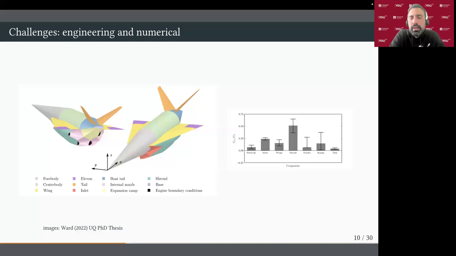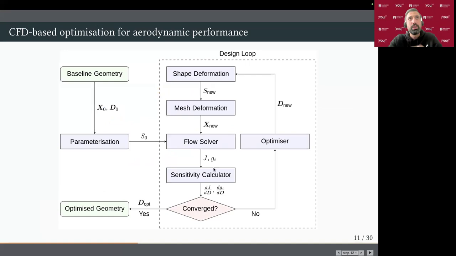Because the flowchart that you presented is very similar to reinforcement learning in machine learning. We have the CFD and we have the optimizer. So what do you think? I believe that for the large scale simulation it is a bit difficult because we need to define the different control points. But I'm just wondering about your thoughts.